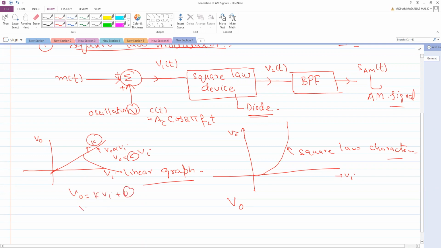So you have the equation vo equals k vi, and this k is always the slope of this graph, which is a linear graph.